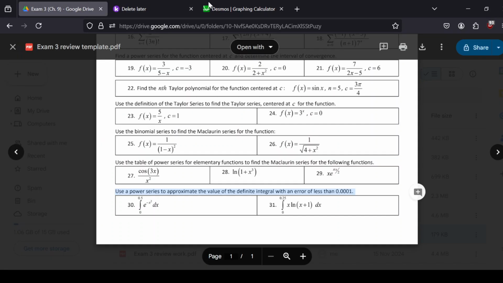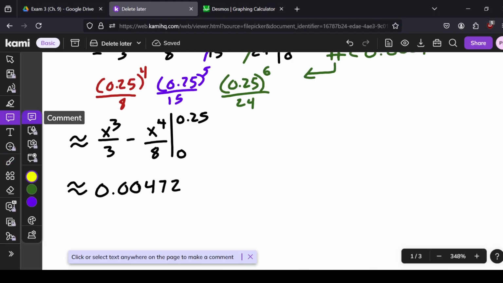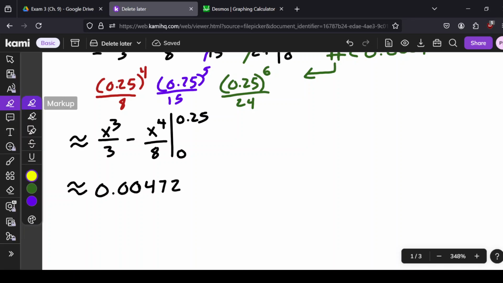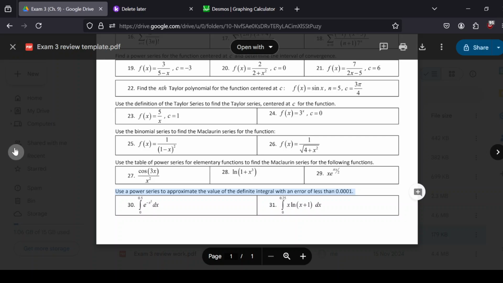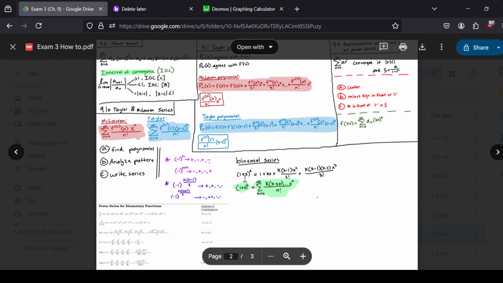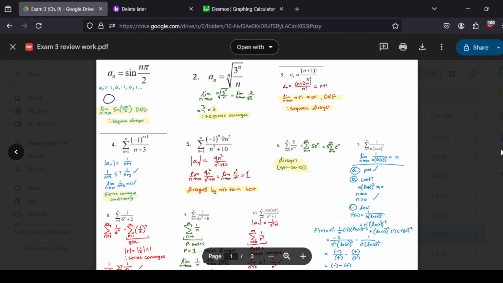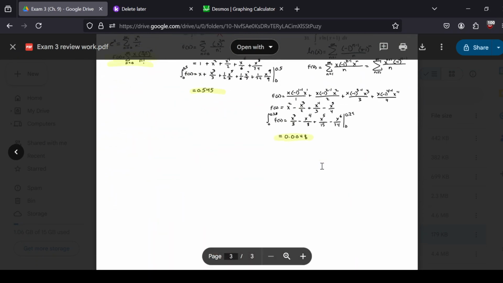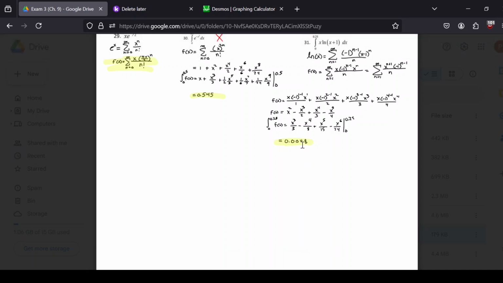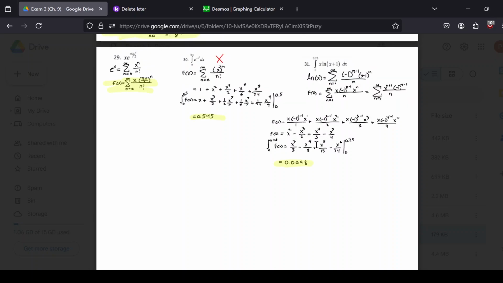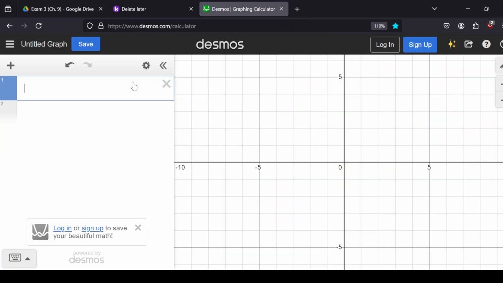Let's see if that holds up. I'm a little bit suspicious because it's so small. Yeah, it looks about right. Graph it.